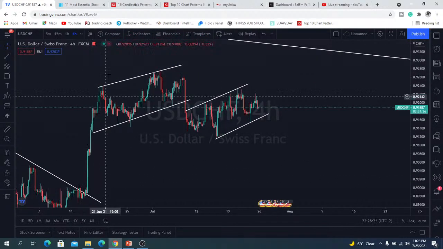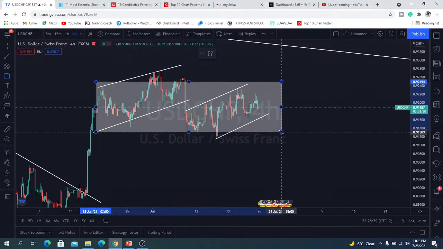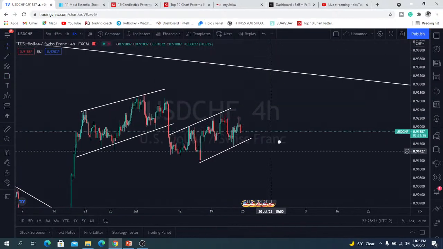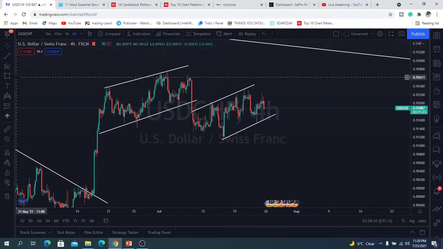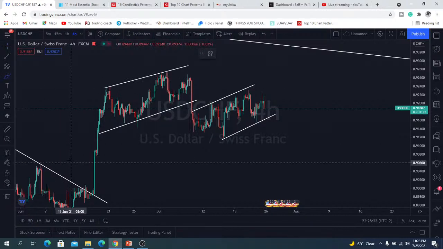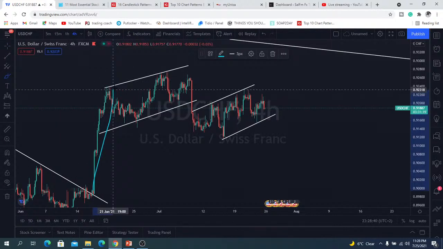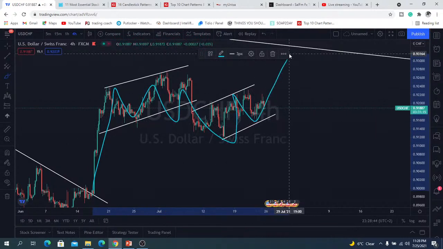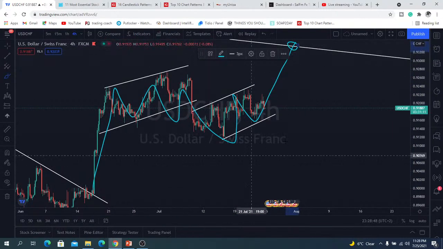We are seeing this impulse move to the upside, and I will take this entire move right here as a correction. So once this correction is done, it's impulse, correction, impulse. So we've been here impulse, I will take this as a correction, and then now we can aim for another impulse to hit at this level again.